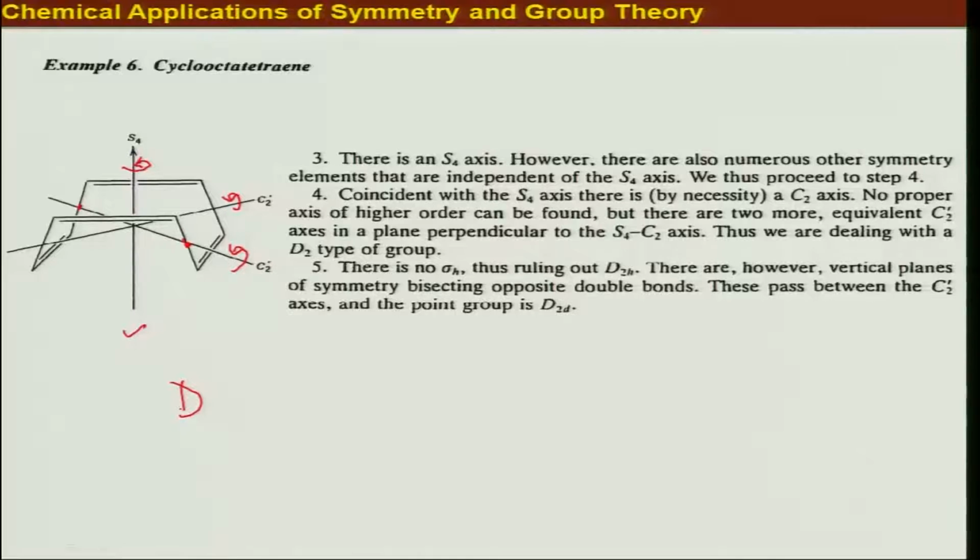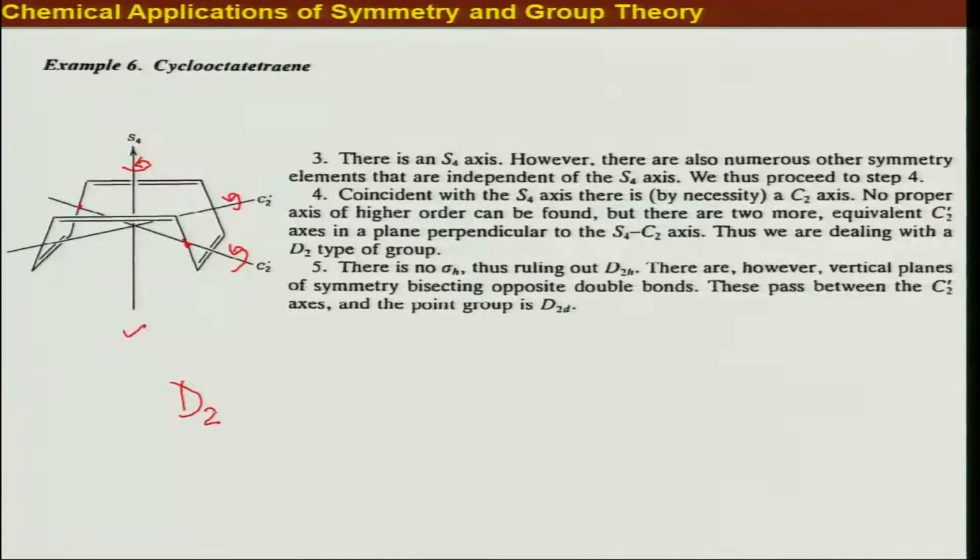So, it belongs to D, and since the principal axis has an order of 2, because C2 means the order of rotation is 2, immediately you can write D2. Then you have to ask the next question, whether there is a sigma h.